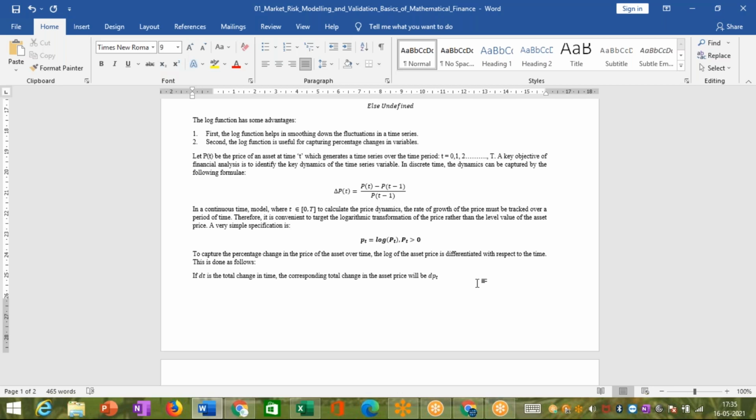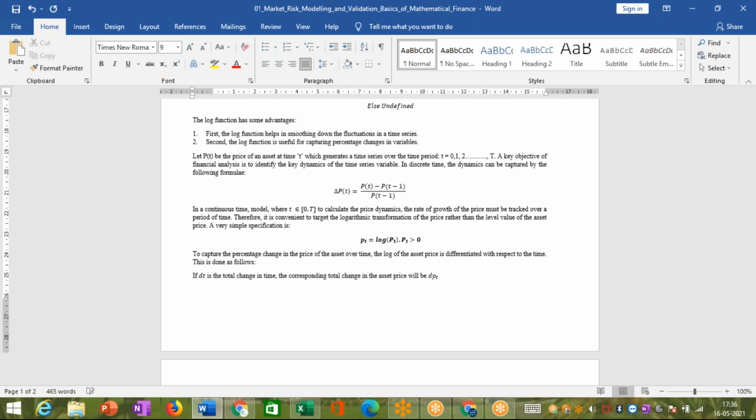So let us try to check how this happens. What is the total change in the price, and how would that happen? If it's a log function, how does that change look like?